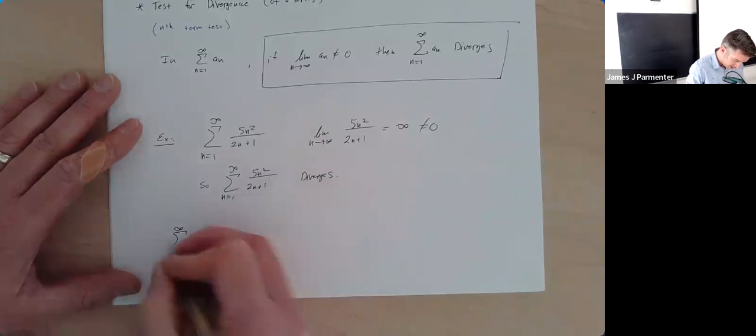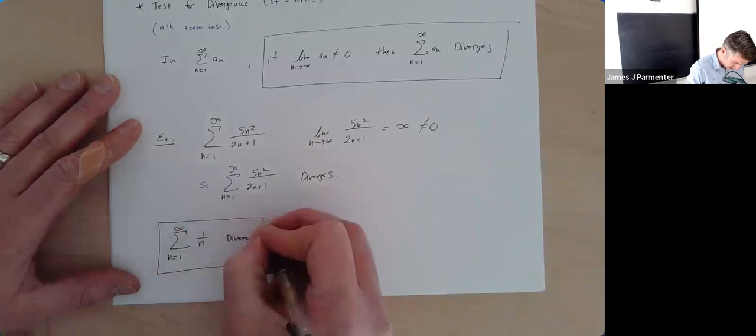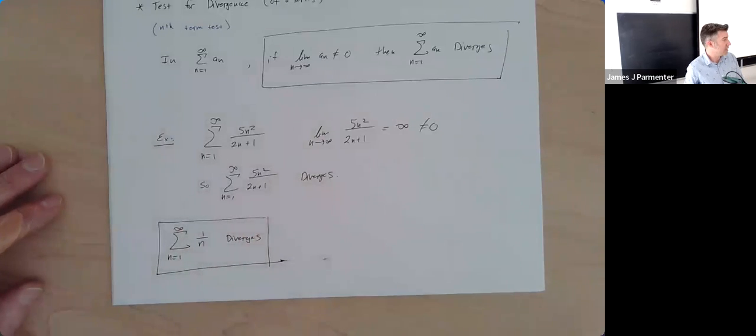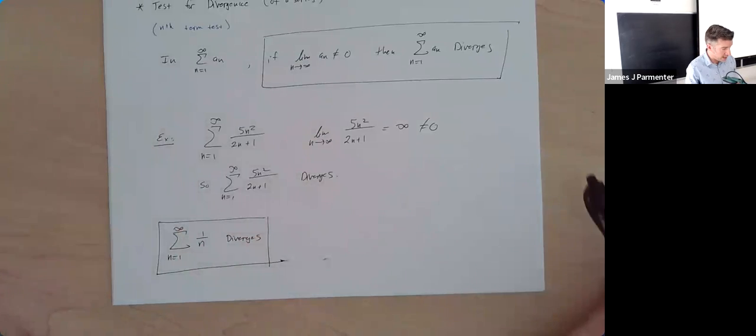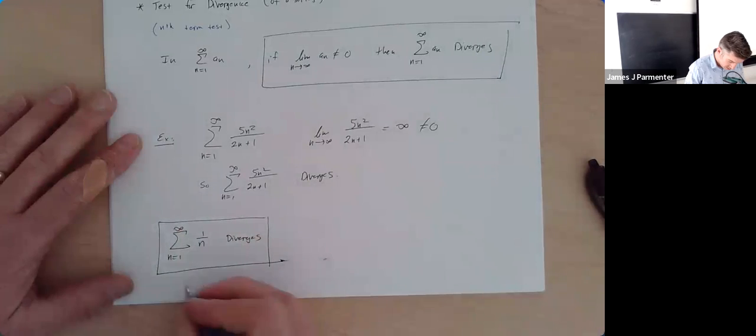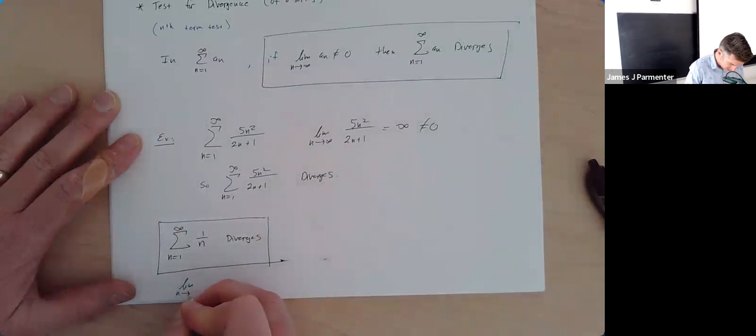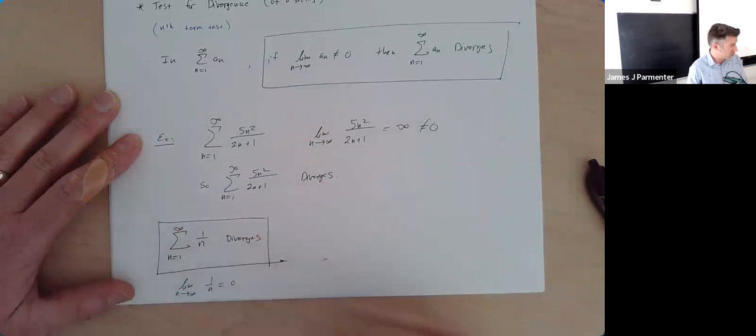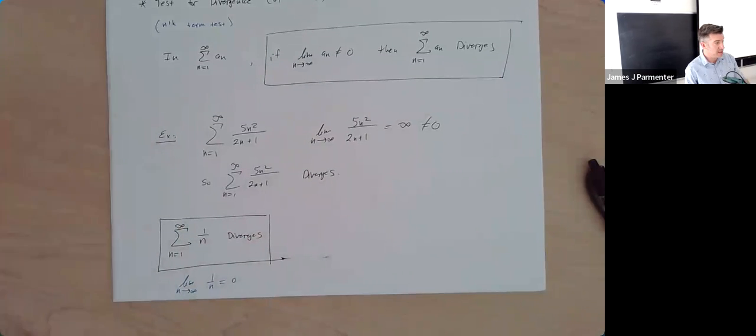We'll talk more about how to show that next time. It is called the harmonic series, but I want to point out the limit of its sequence is 0. The limit as n goes to infinity of 1 over n is for sure 0. So the limit of the sequence being 0 does not guarantee convergence or divergence. It just means you have to do more work.